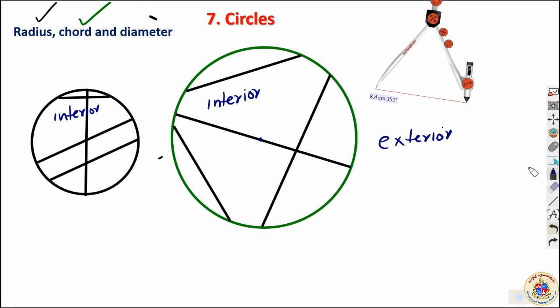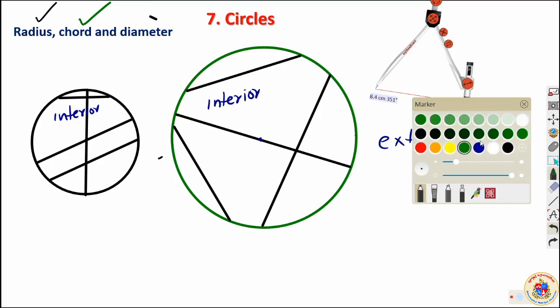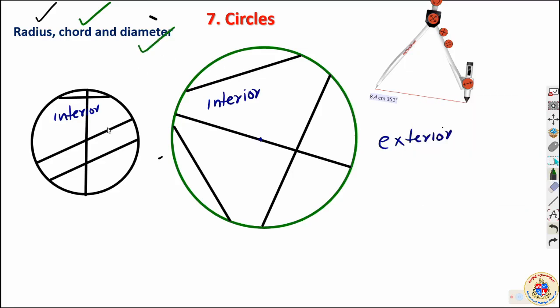The chord passing through the center of the circle is named as diameter. So we had a measurement called from the center to the circle as radius, a chord passing through the center as diameter. Understood?